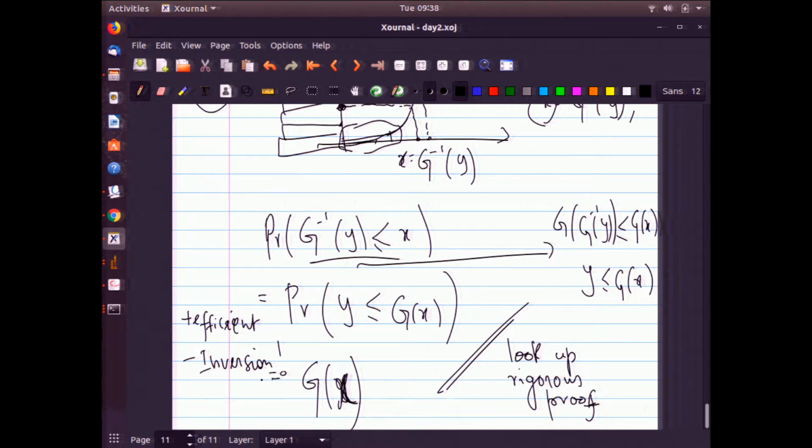So if you're given a general f of x or g of x, if I gave you g of x equals x squared, then it's fairly simple. You may analytically invert it somehow. But if you're given some arbitrary distribution, inversion is not obvious. So you may have to resort to numerical methods to invert and so on, which makes it complicated. But imagine if you're in higher dimensions, it gets even harder, right? Even if you have a 2D distribution, then how do you choose what to do and so on?